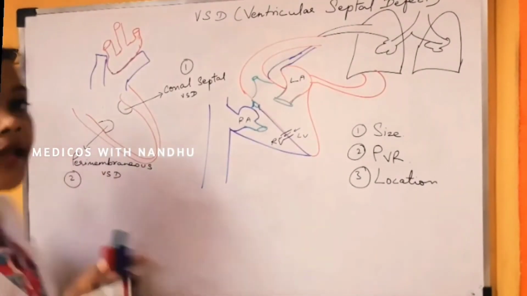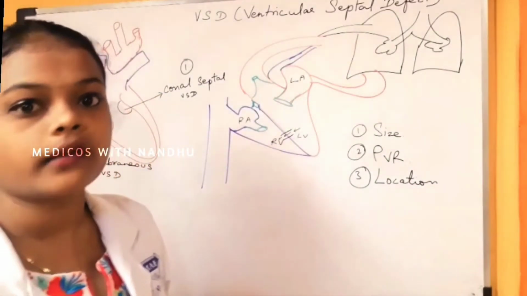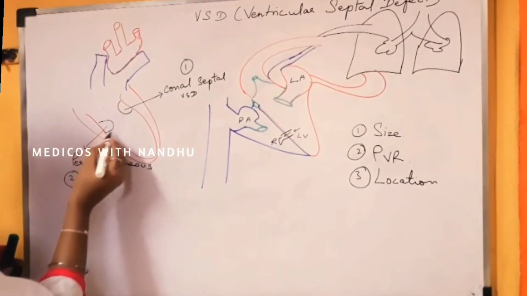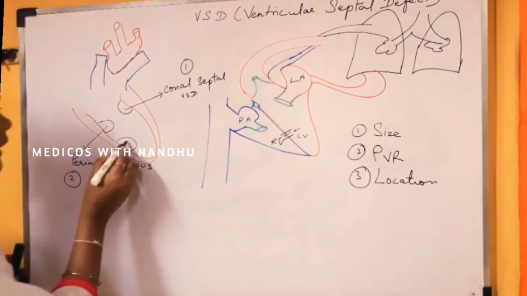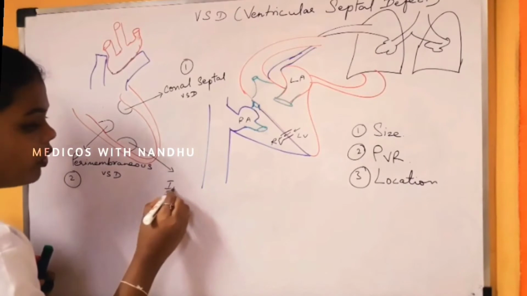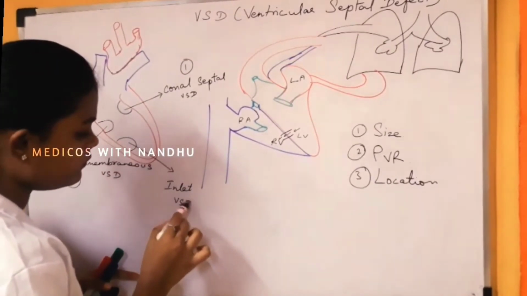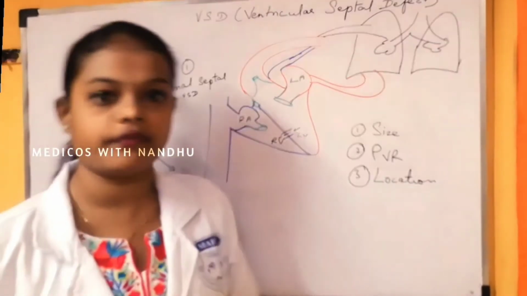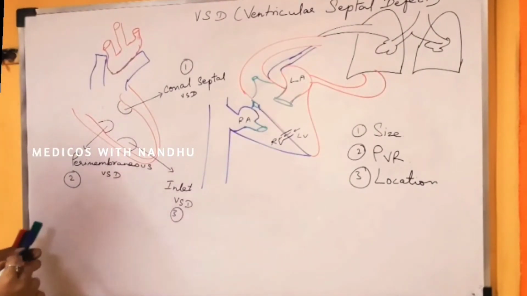And the third type is the atrioventricular canal type, or it can be called inlet VSD. It is present underneath the valves here, and it is associated with atrioventricular defects. This was the third VSD. And the fourth VSD is muscular VSD.